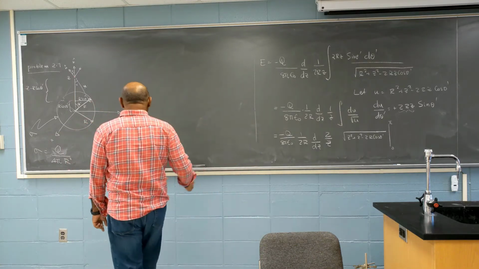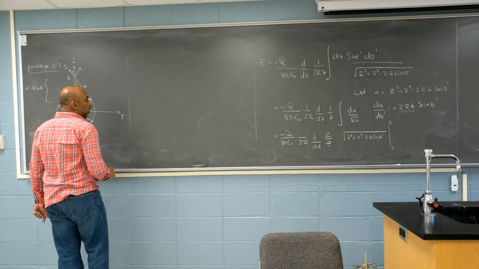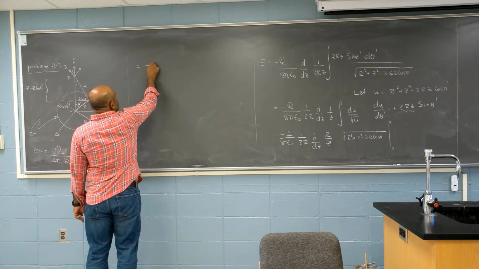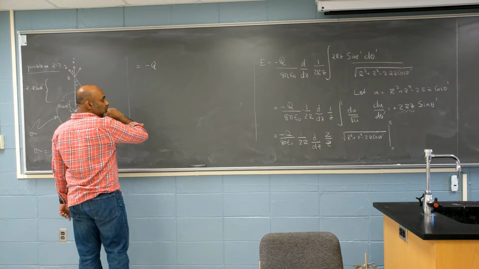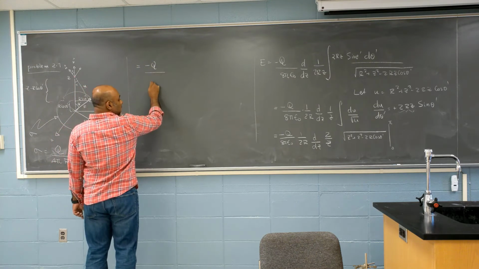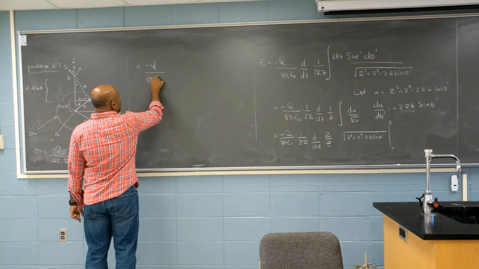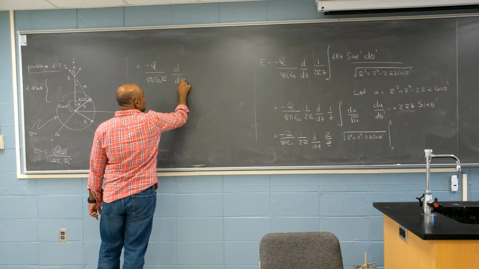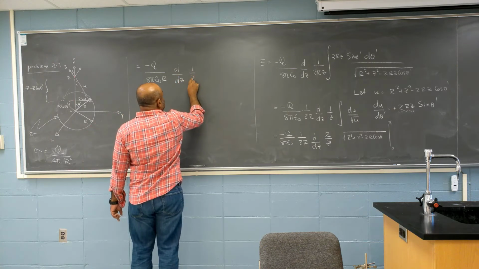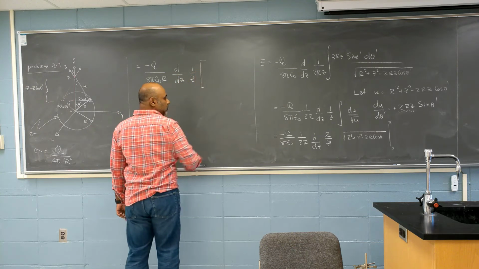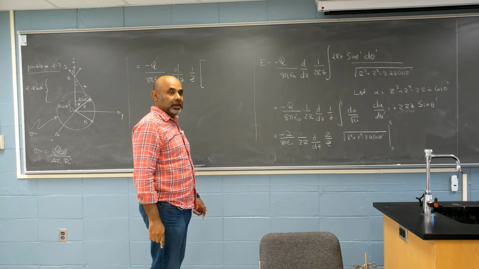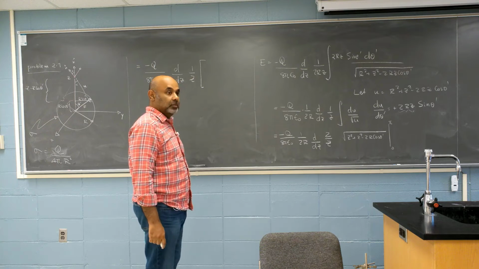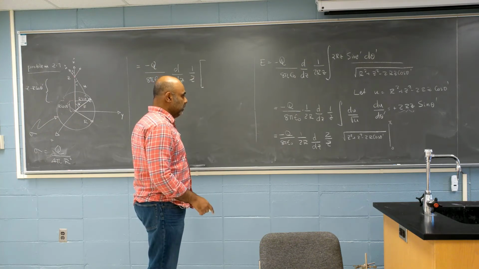All right, so again, like I said, everything I do will have a purpose. So the 2's will cancel, minus q over 8 pi epsilon naught r, d dz, 1 over z. Cosine of pi is what? Minus 1.